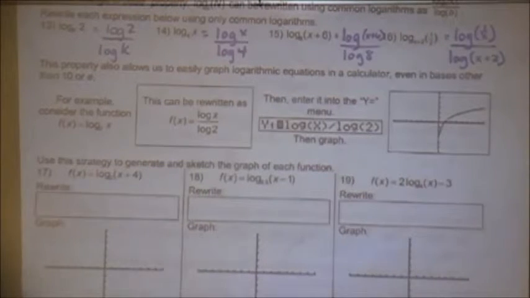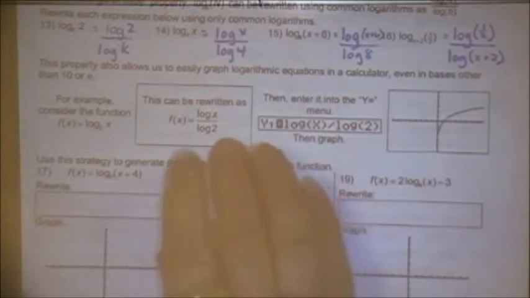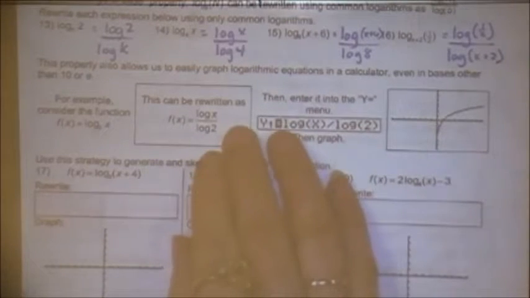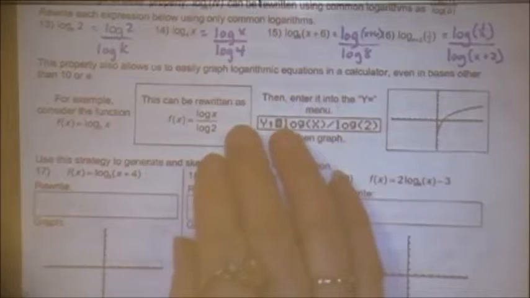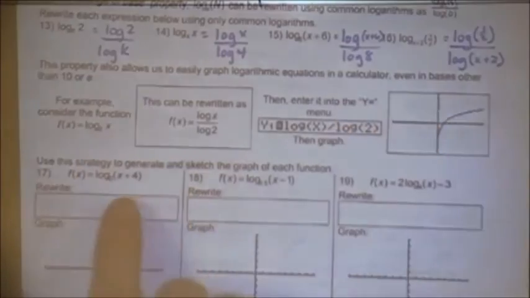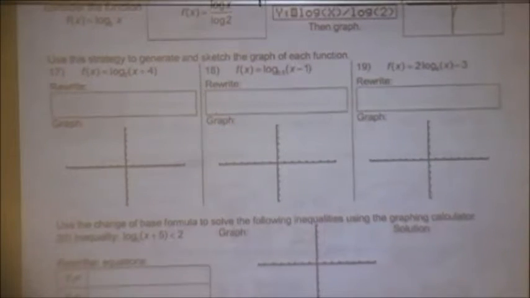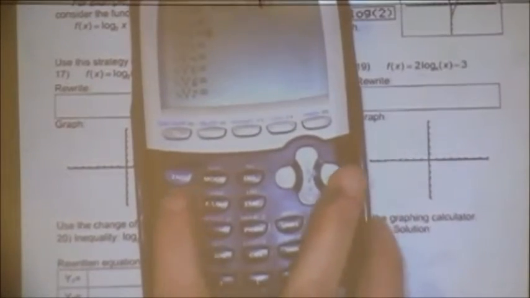Okay, so the next thing it's asking me to do is to rewrite these with the change of base property and plug them in my calculator, but this worksheet was created before we had the upgrade. So I don't actually have to rewrite them. I can just plug this in my calculator on number 17, just like it's written. So I'm going to go to y equals, and I'm going to use my log base.